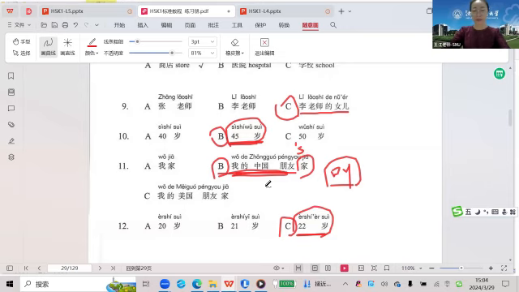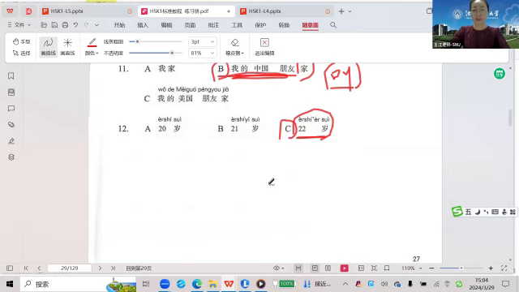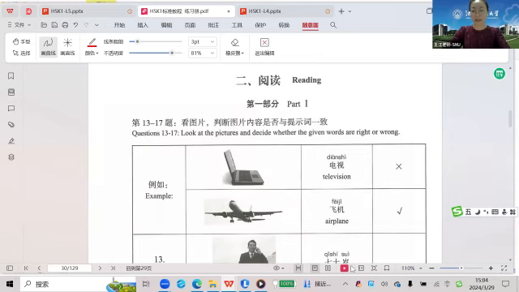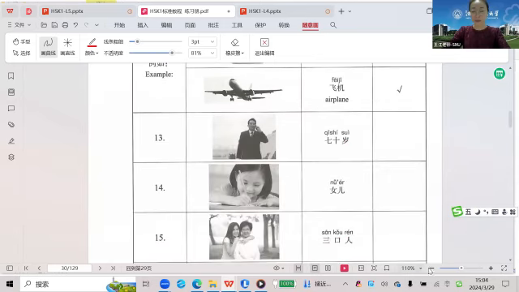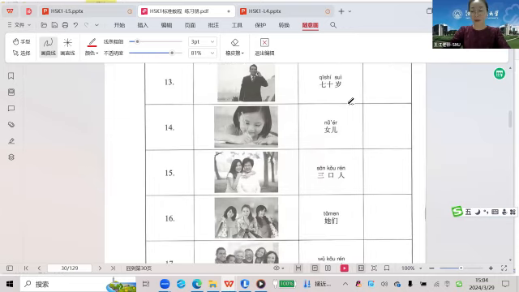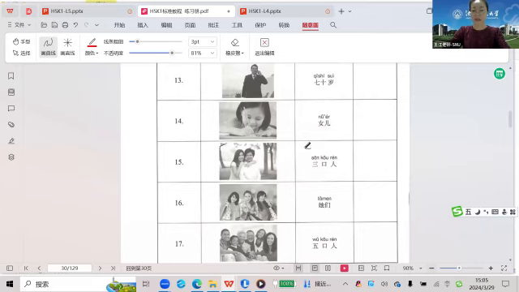Okay, let's continue to do the part 2 reading. Please look at the pictures and read the words or phrases on the right side and decide if it is right or wrong.